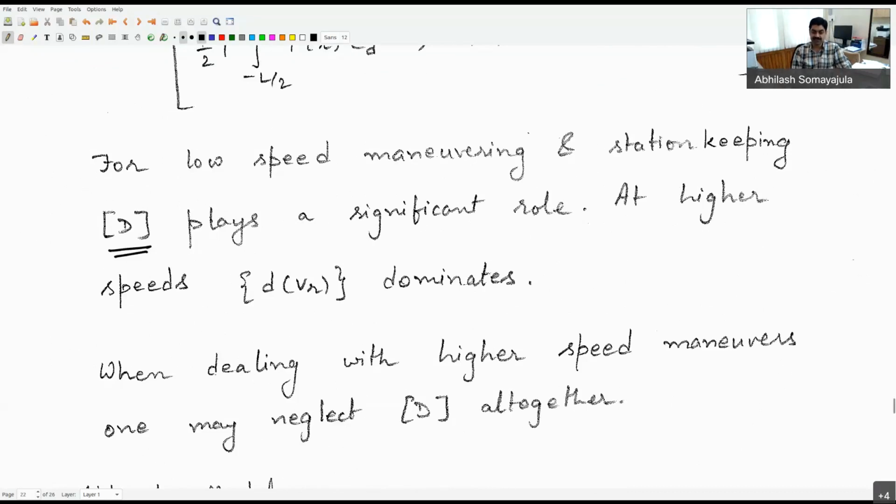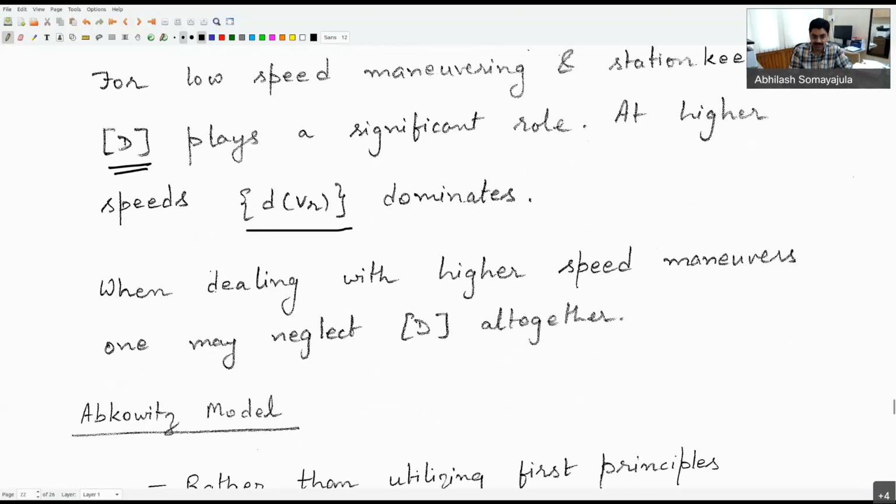When you are looking at very high speed maneuvers, we actually tend to see that this nonlinear drag dominates more than the linear drag. And in some particular cases, you may even get away with removing the linear damping altogether from your formulation, especially if you're looking at higher speeds. Okay, so in which case you may disregard D altogether.